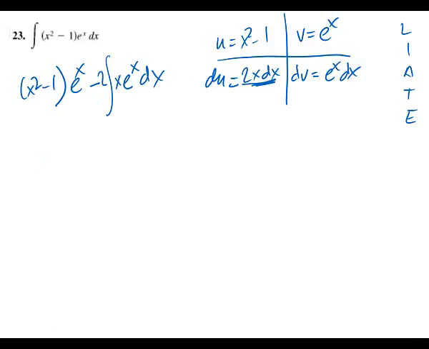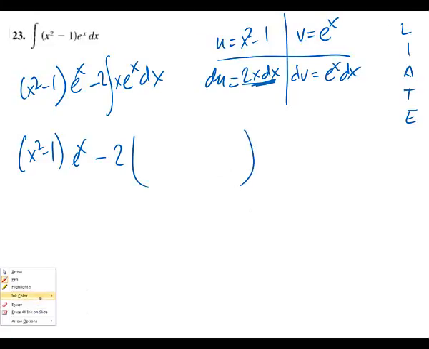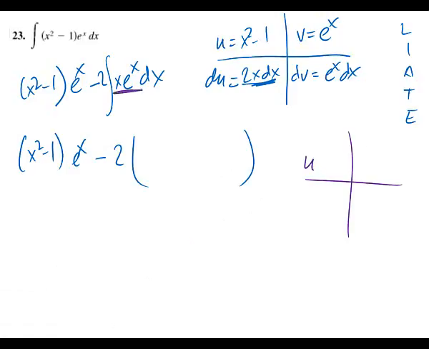All right, I have a variable times a variable, so what do we need to use again? You got to use integration by parts a second time because I had a variable times a variable. So let me use a different color. So I'm doing another integration by parts on this chunk right here. So what's your u going to be?